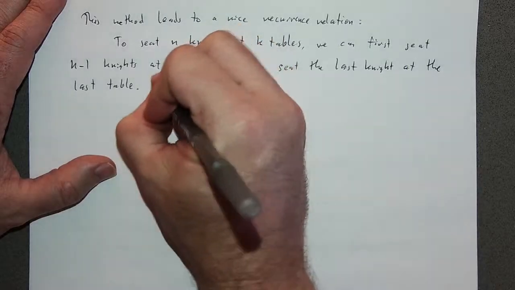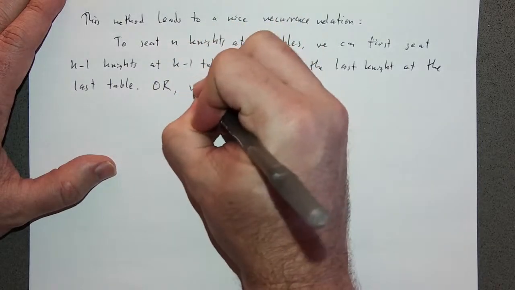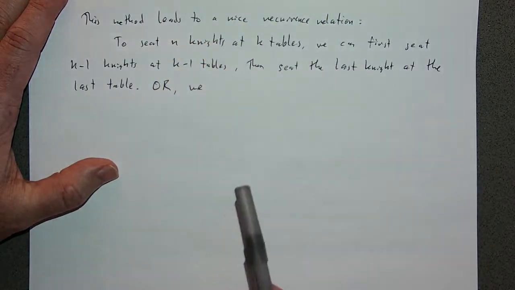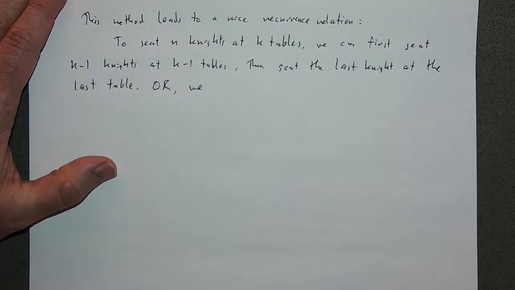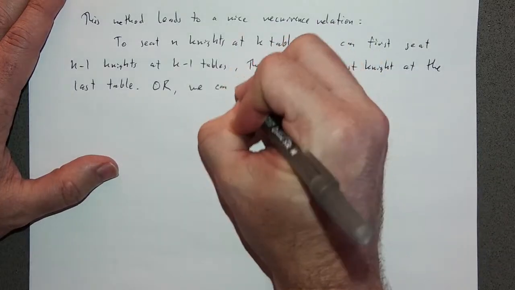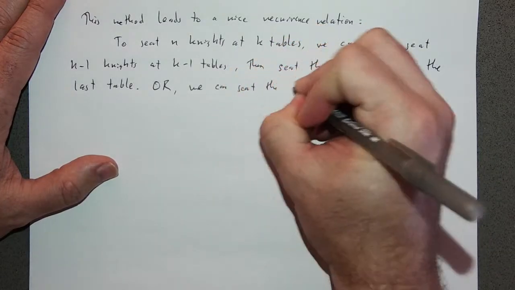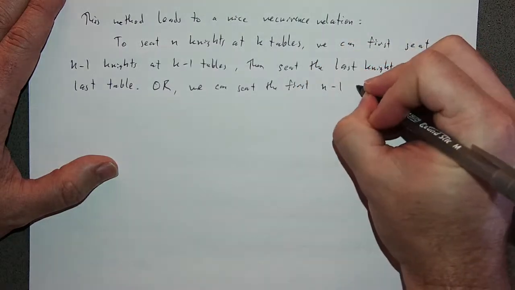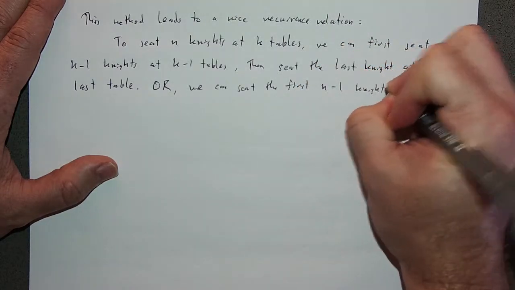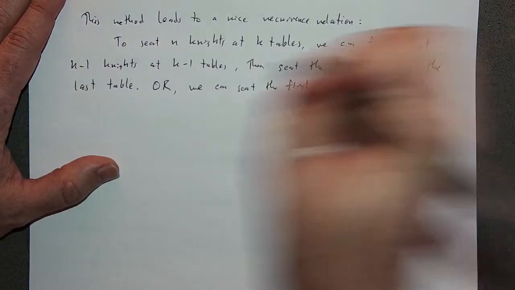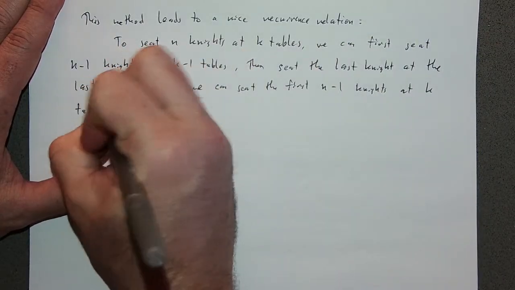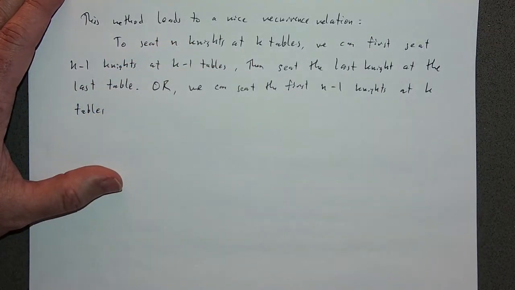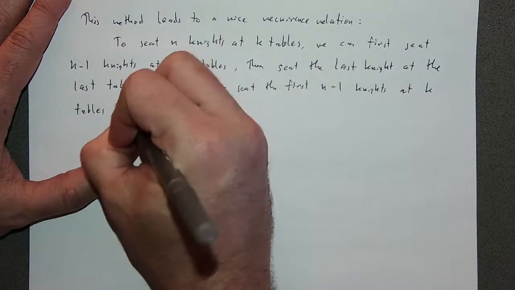Or we can seat the first n-1 knights at k tables, so not leaving a table empty here, and then insert the last knight at one of these tables.